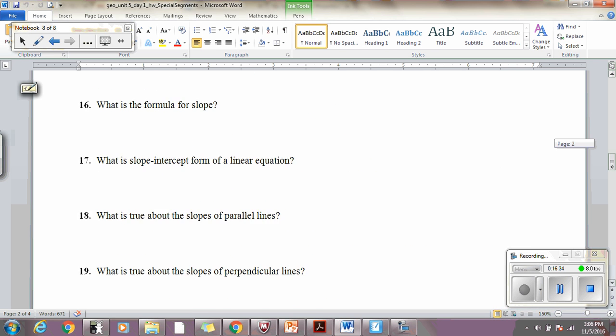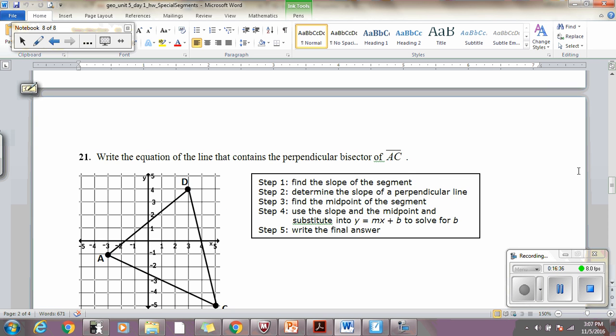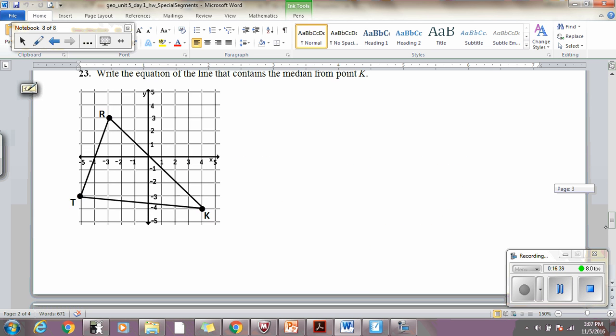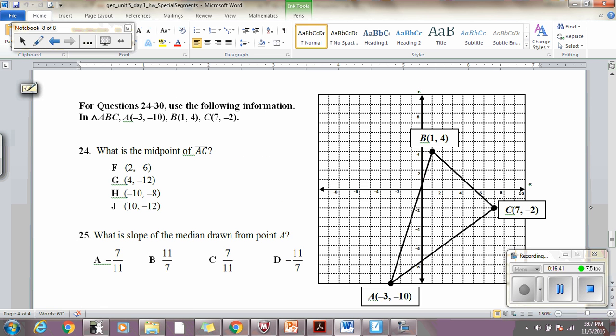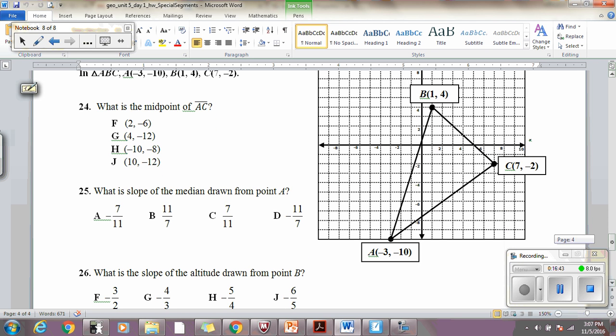All right, let's go to the last page. Starting with question 24. We have triangle ABC, and the first question it wants to know is what is the midpoint of A to C? So remember how I demonstrated on the notes?